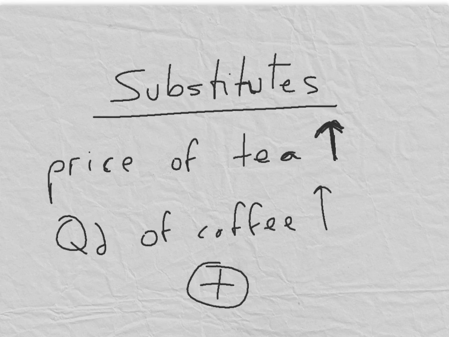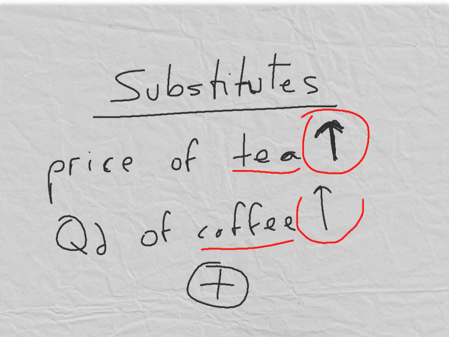So now that we understand the meaning of the words substitutes and complements, let's look at how the cross-elasticity of demand for substitutes works. If we take tea and coffee as our two substitute products, if the price of tea goes up, some people could be expected to switch over to drinking coffee, and so the quantity demanded of coffee would also be expected to go up, and vice versa.